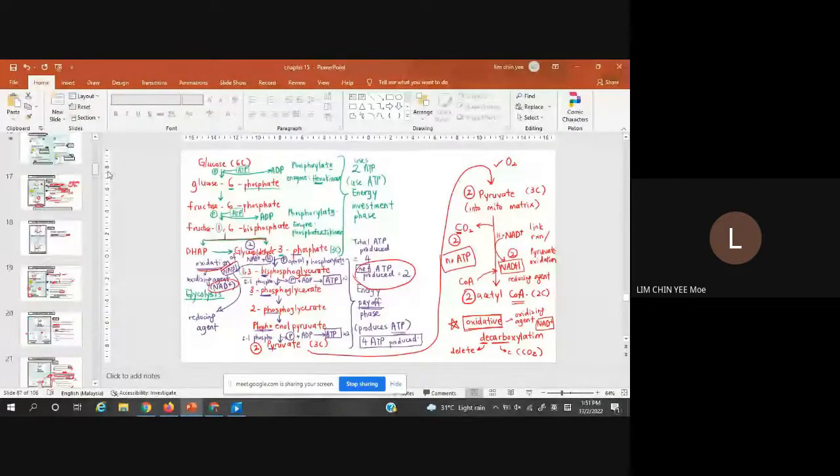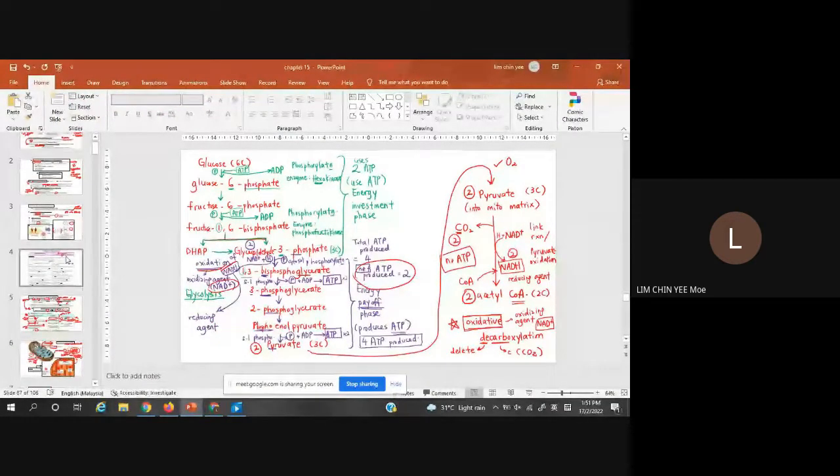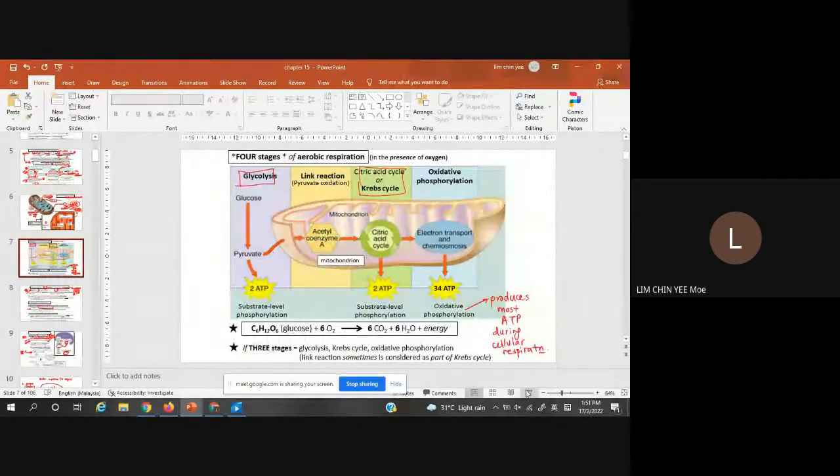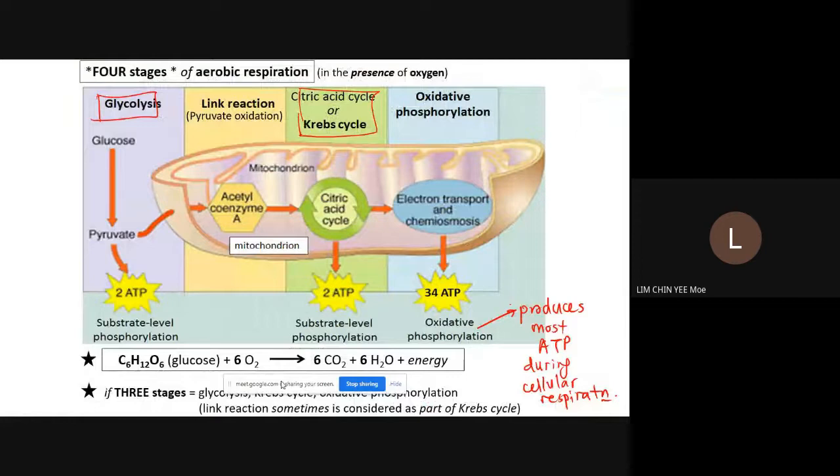But the main stages are actually 3, because sometimes the link reaction is combined with the Krebs cycle. Link reaction is sometimes considered as part of the Krebs cycle. So don't be confused if you read a book that says only 3 stages. That is also correct.